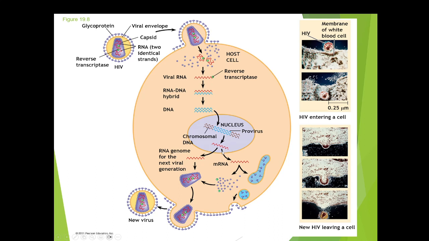And now it's actually going to spit out RNAs from there. These RNAs are going to assemble proteins. These RNAs are going to make those glycoproteins. And they're going to make reverse transcriptase on top of that. And once that's all done, they'll spontaneously form new viruses. And as you can see here in the images, those new viruses actually push their way out of the cell.